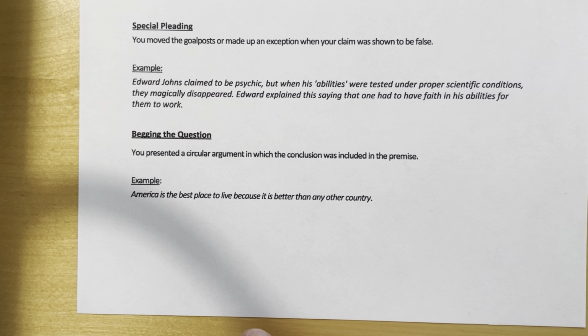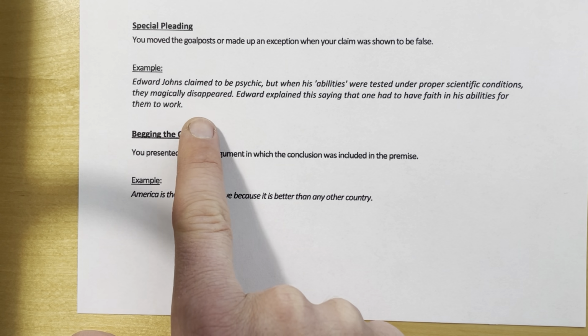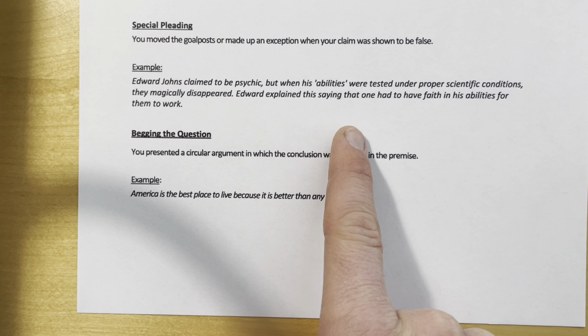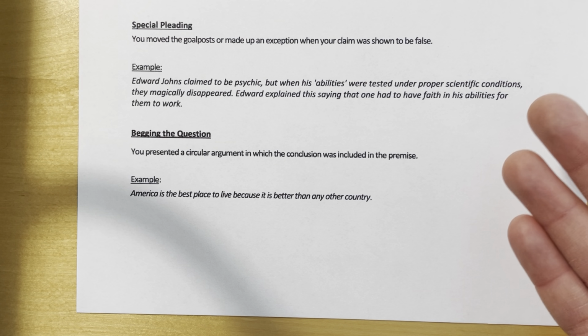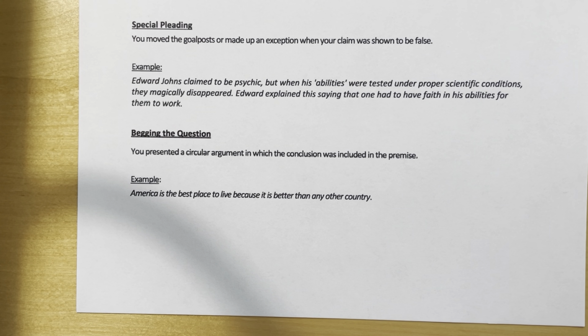Edward Johns claimed to be a psychic, but when his abilities were tested under proper scientific conditions, they magically disappeared. Edward explained that one had to have faith in his abilities for them to work. So if you came across this sort of person in real life, you'd probably assume this guy is a scam artist.